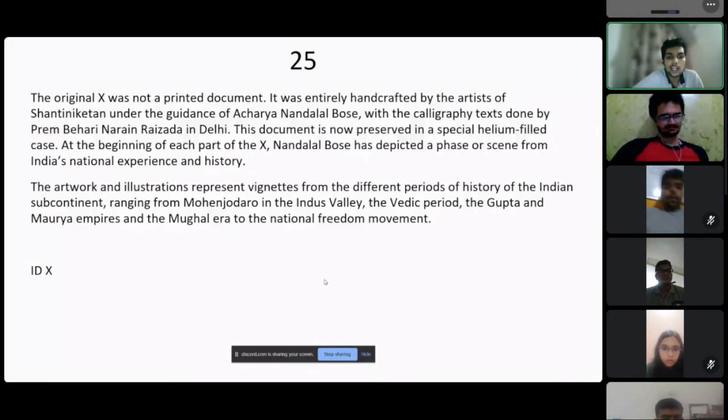The artwork and illustrations present vignettes from different periods of the history of the Indian subcontinent, ranging from Mohenjo-daro in the Indus Valley, the Vedic period, the Gupta period, the Maurya empire, and the Mughal era, to the national freedom movement. You have to identify this document X.